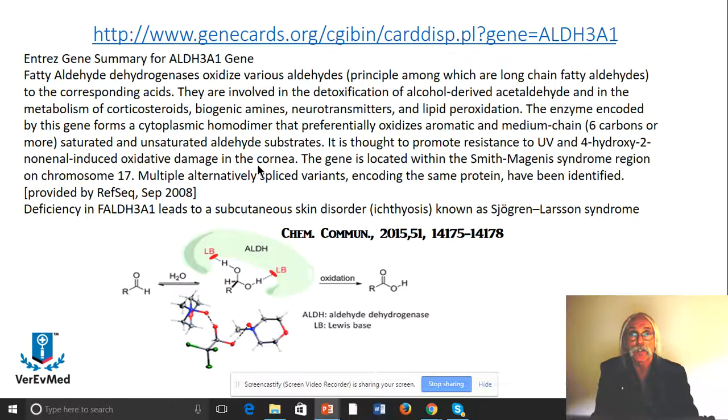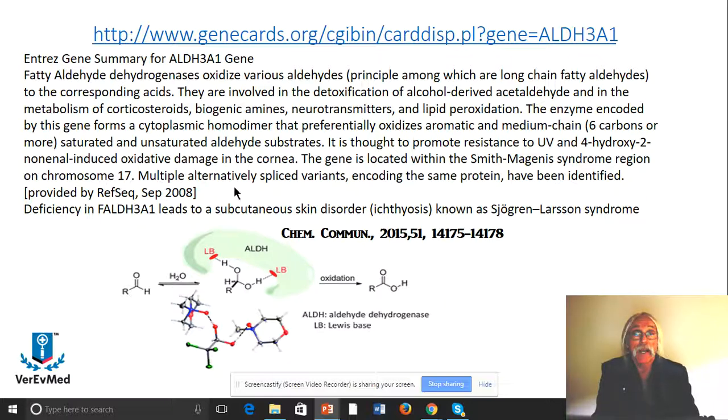That compound can induce a lot of oxidative damage, and in fact, it's been well described as causing oxidative damage in the human cornea. The gene is located within a region that is defective in Smith-Magenis syndrome, which is involved in this corneal degradation. The gene is localized to human chromosome 17.